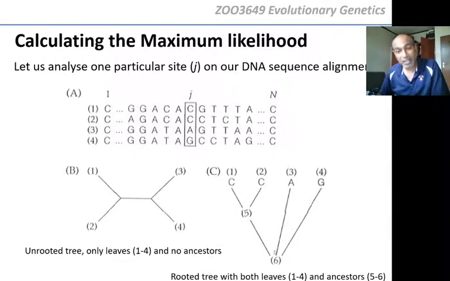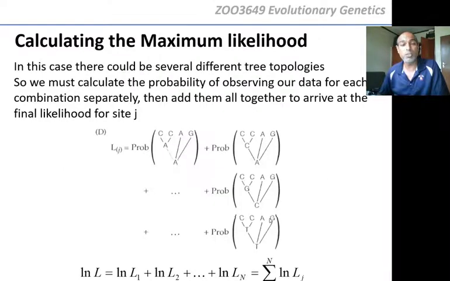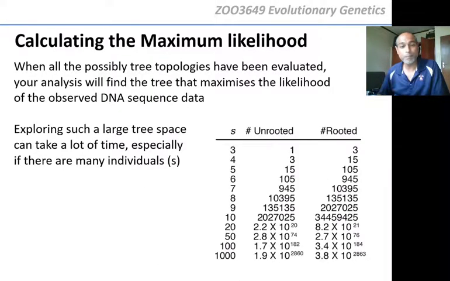We have 6 positions we need to calculate. Each one has a likelihood. We have to find out which of the 945 has the highest likelihood. That's not a problem. There are only 945, because there's 6.